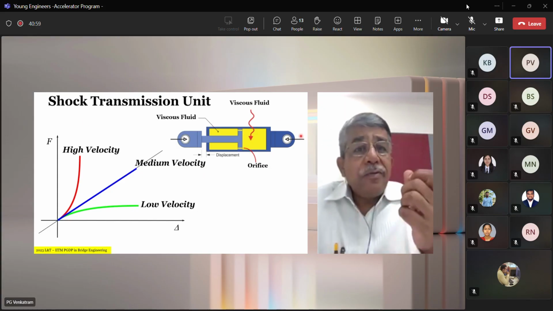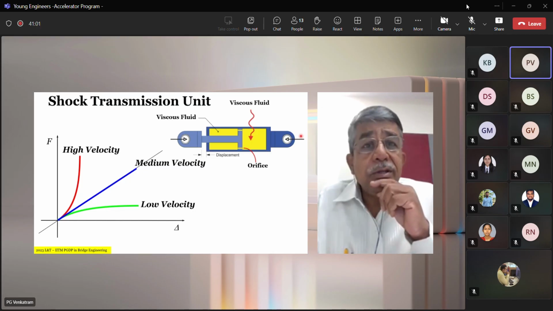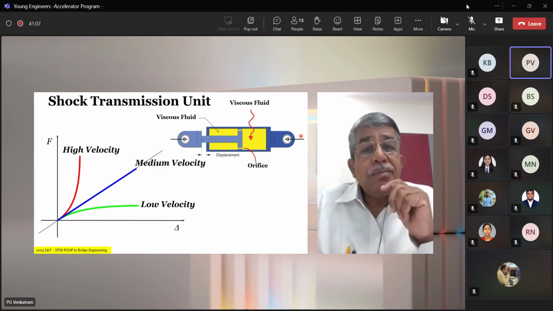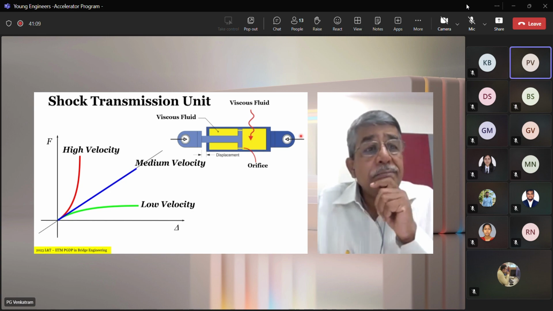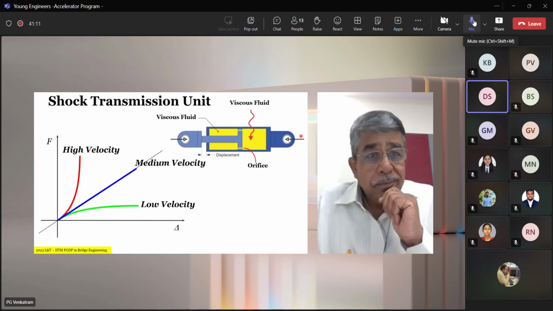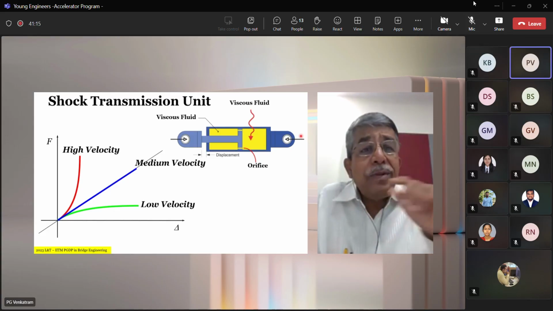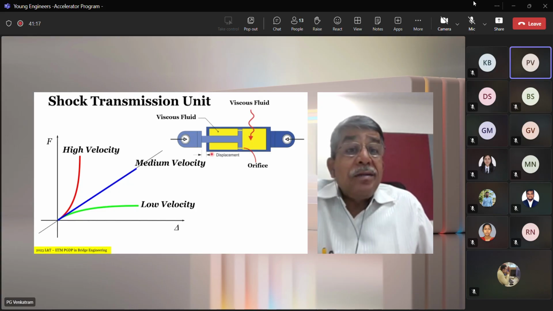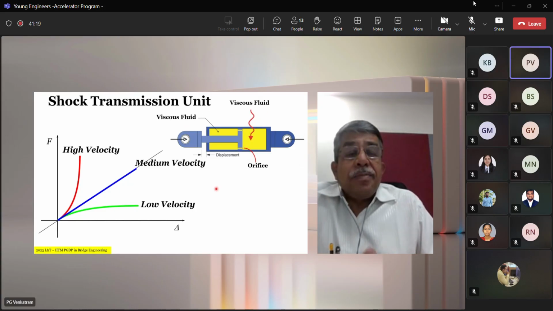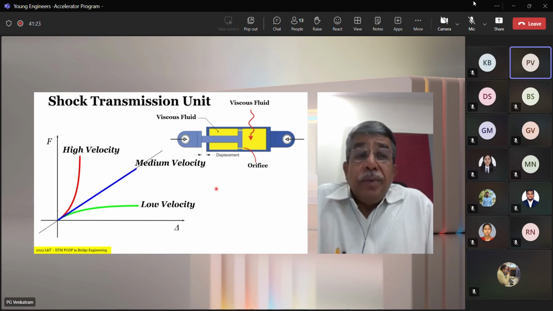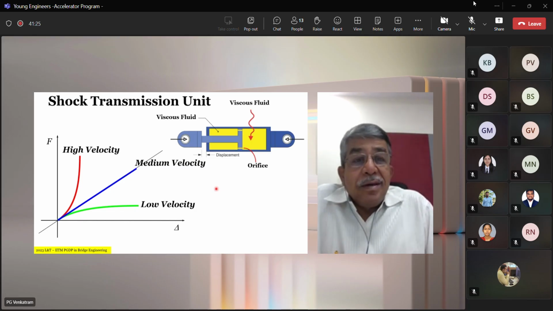Now, what kind of device is a shock transmission unit? It is a mechanical device. And what is the problem with all mechanical devices? Maintenance. Absolutely correct. So this is a maintenance heavy equipment. Now, if you don't do the maintenance, then what happens?